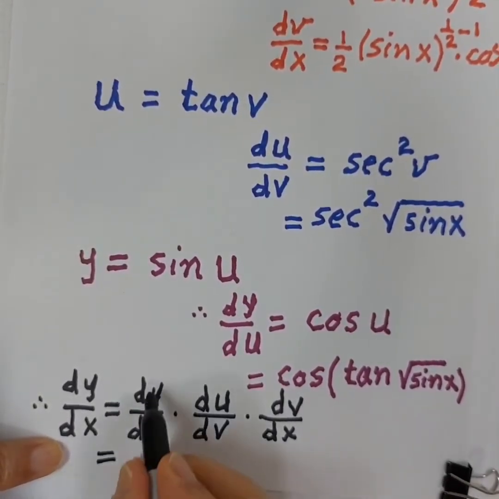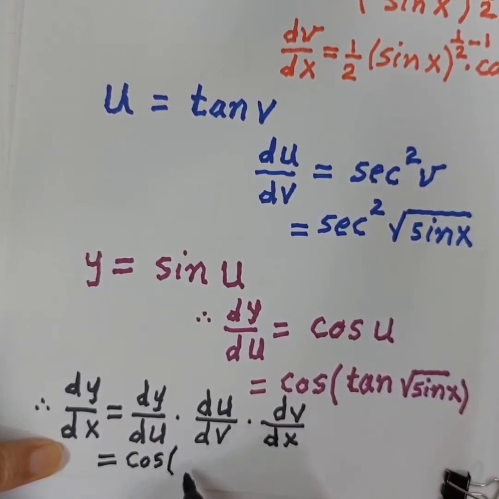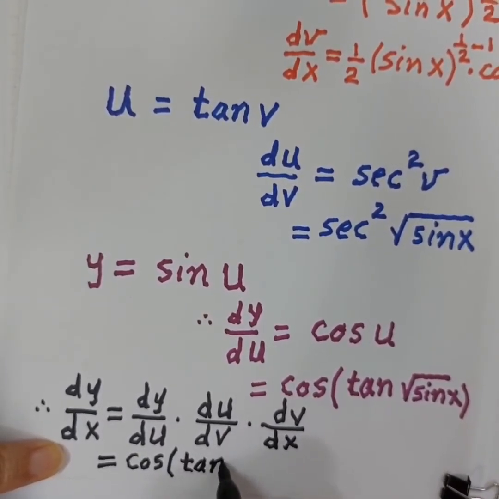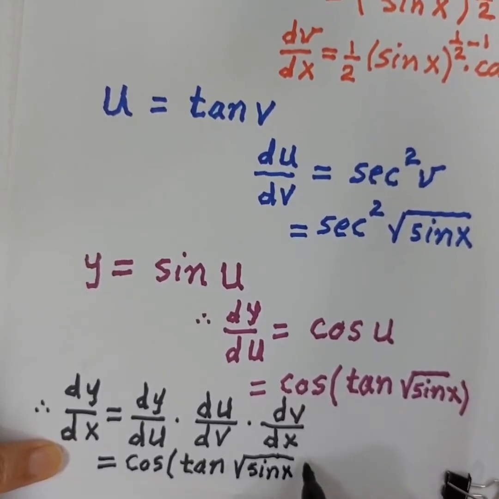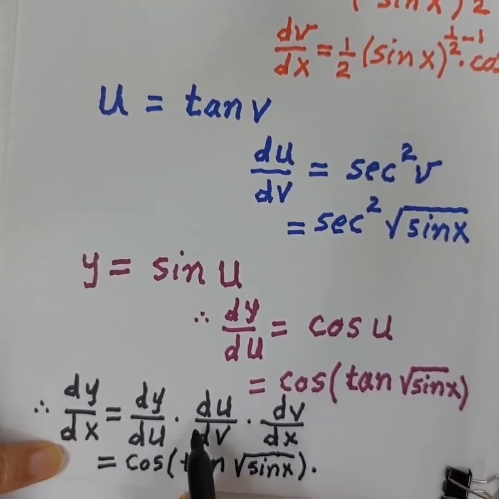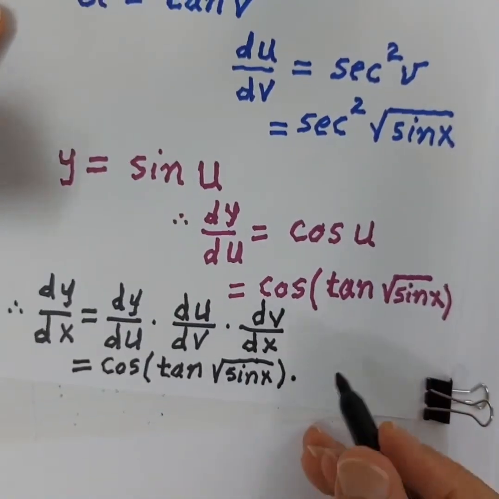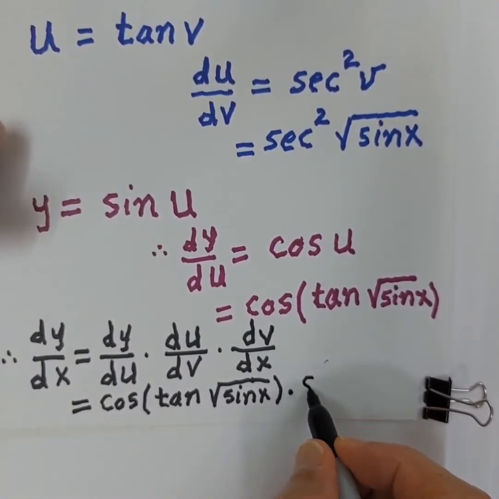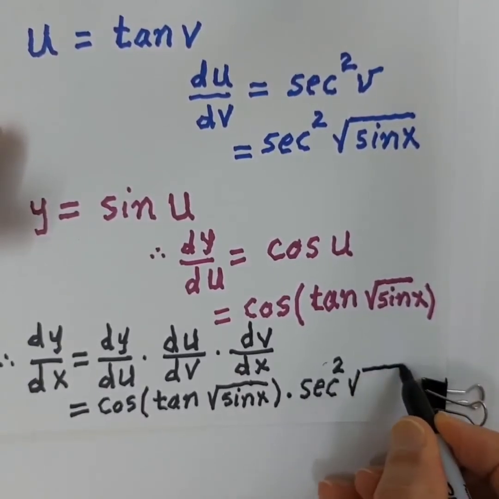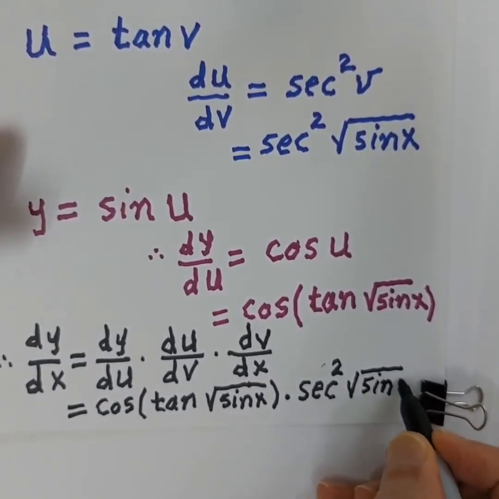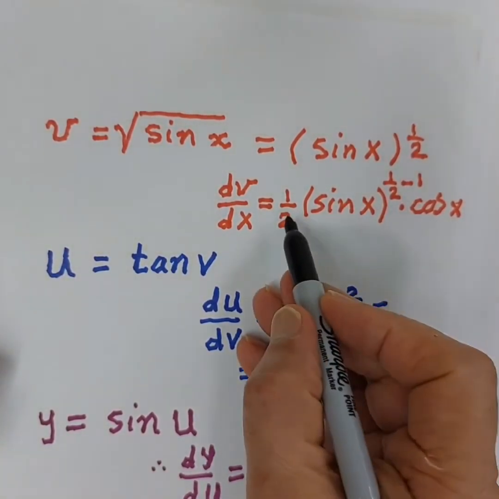This equals, now put the value of this, which is here, cosine in brackets tan square root of sine x, times, we put the value of this, which is du by dv here, sec square, sorry, sec square, I mean sec square, square root of sine x, then we put the value of dv by dx, which is here.